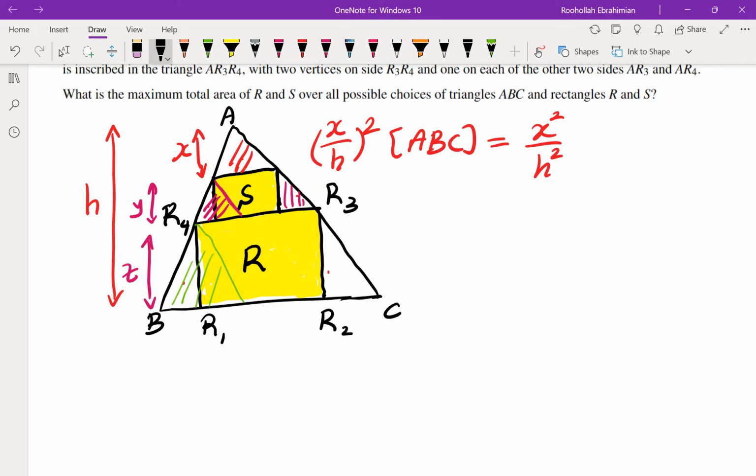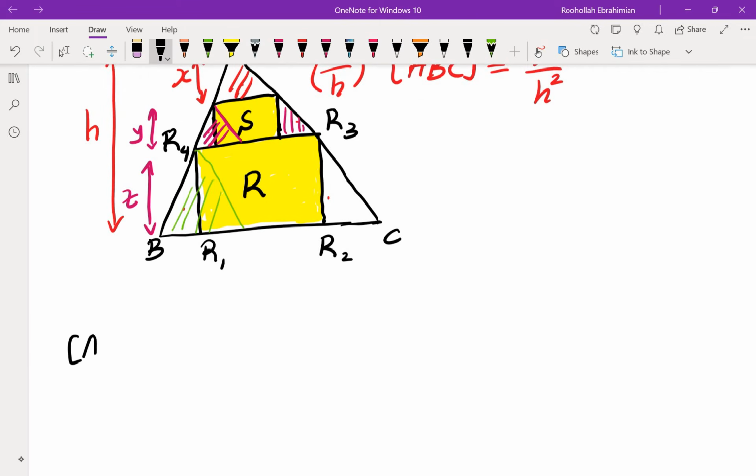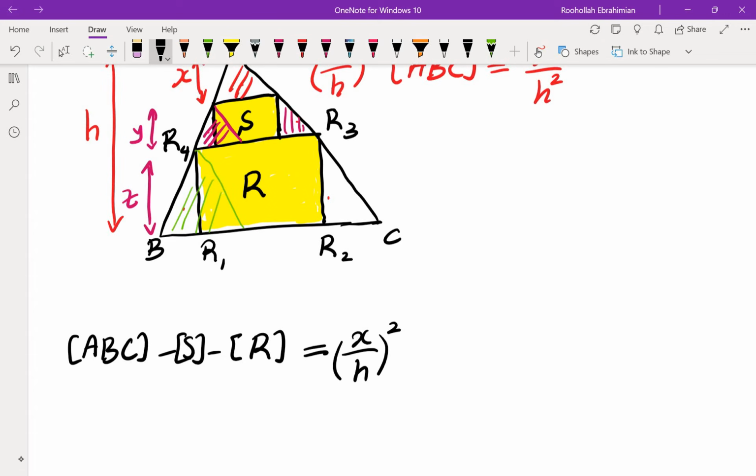So the area of ABC minus the area of R minus the area of S is equal to x squared over h squared plus y squared over h squared plus z squared over h squared.